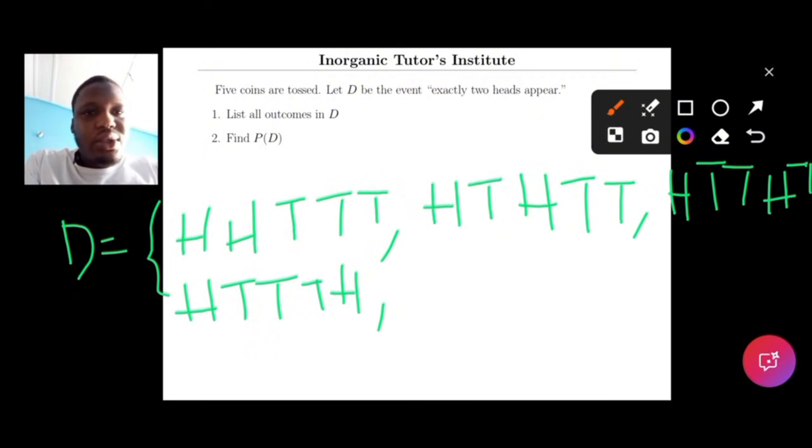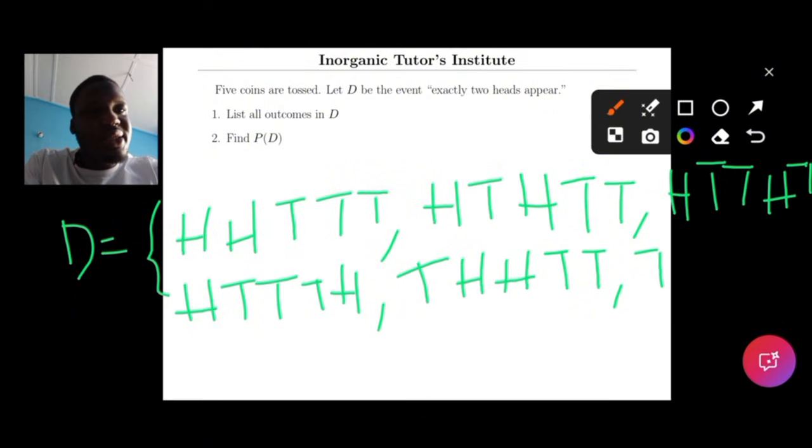So we also push the head that was always standing at the first position, we send it to the second position. Okay, and now we move the other one. So T, T, T, then T still standing there.